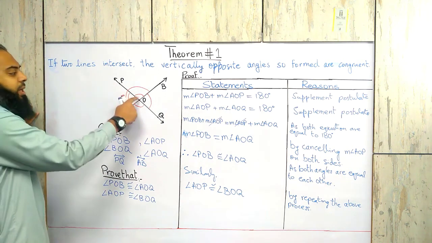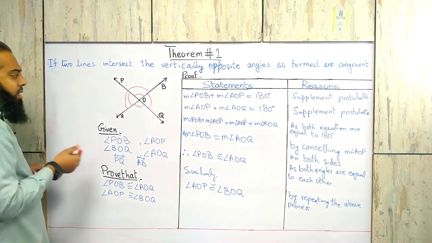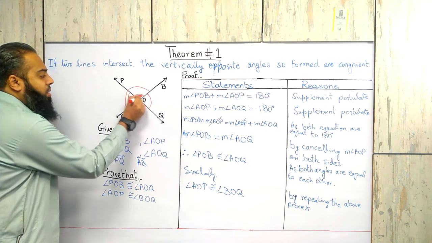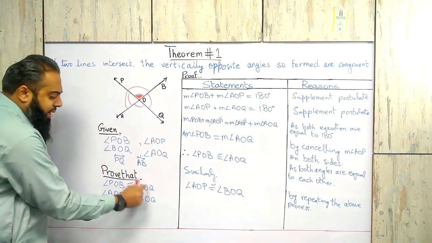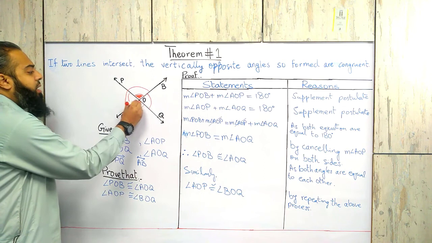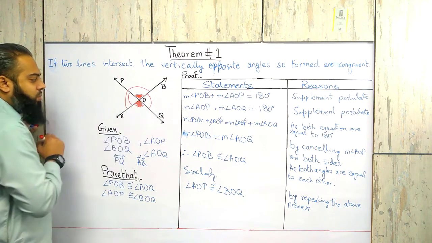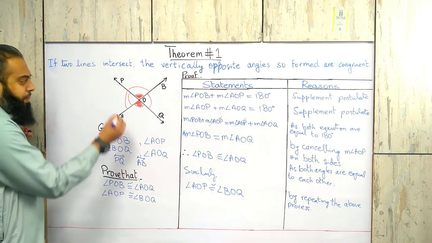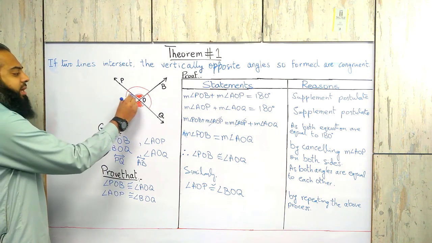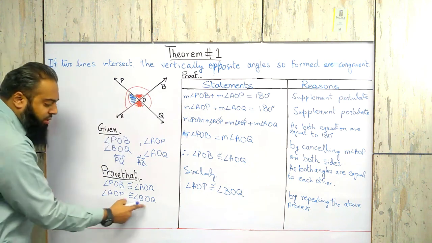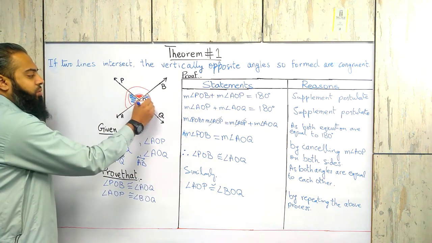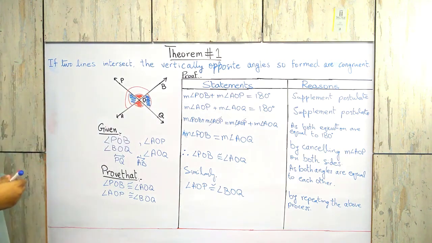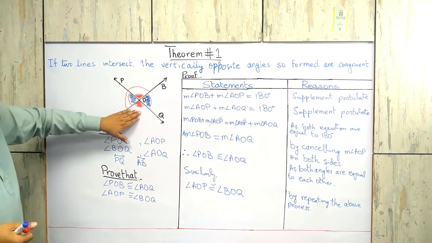That angle POB is congruent to angle AOQ, and angle AOP is congruent to angle BOQ. As you can see the different shades, we can clearly see what we have to prove.